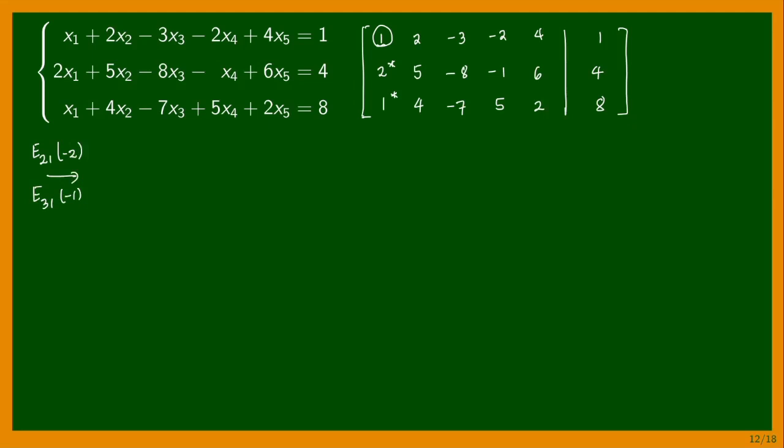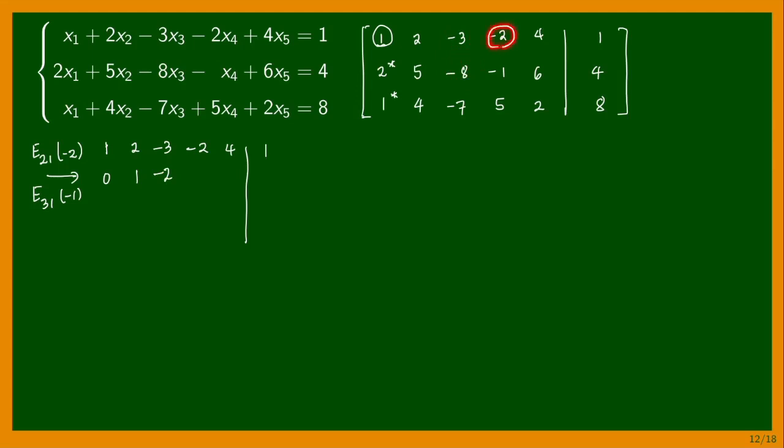get the following as a result: 1, 2, negative 3, negative 2, 4, 1, 0, right? Negative 2 times 2 plus 5, that's a 1. Negative 2 times negative 3, that's 6, minus 8, that's negative 2.